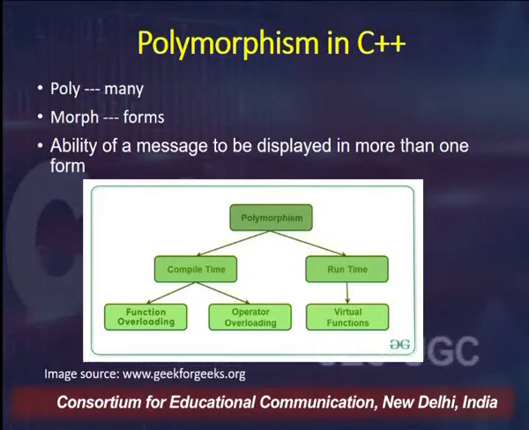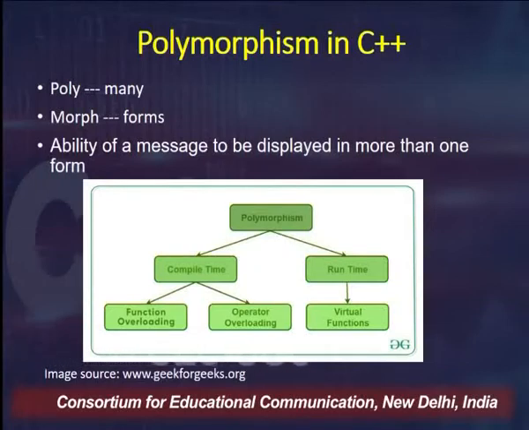If we look at polymorphism under the lens of C++ specifically, we have two types of polymorphism. One is compile time polymorphism and another one is runtime polymorphism. I will be exploring these two categories in detail, but as the name suggests, compile time polymorphism is achievable at the time of compilation. Similarly, runtime polymorphism is achievable at the time of running the program.